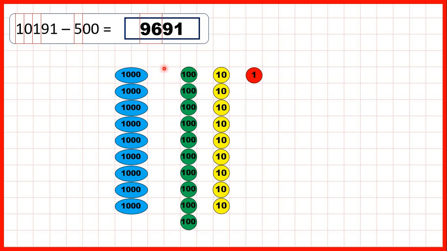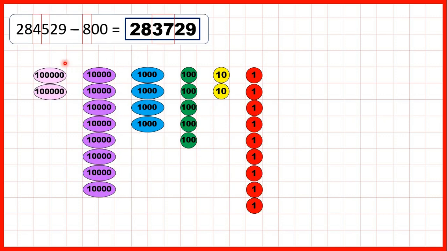So remember, we'd already subtracted one of our hundreds, so to subtract 5, we need to subtract 4 more hundreds, and that gives us 9,691. So that's why our thousands digit changed as well, because here we needed to exchange.